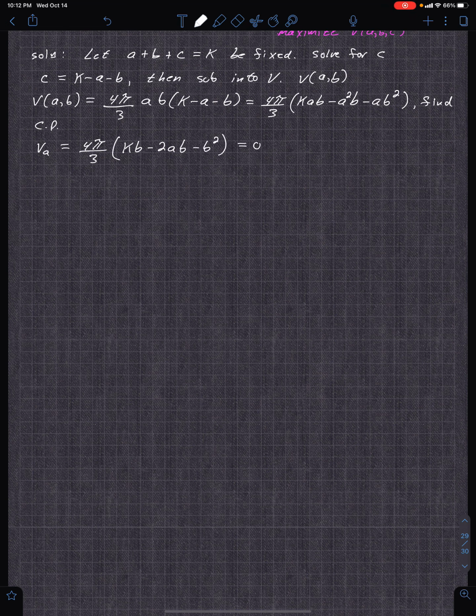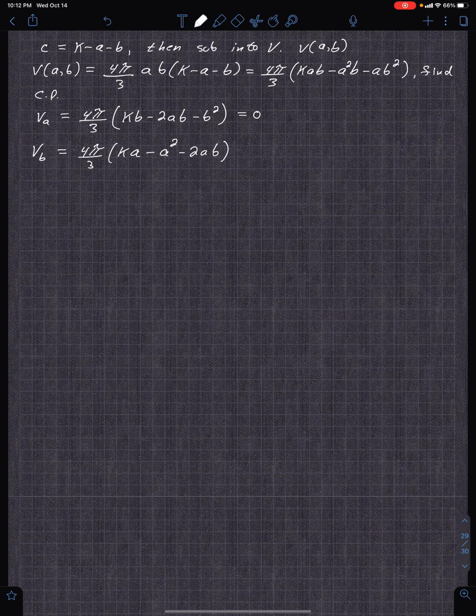We set that equal to 0. Then the partial of V with respect to B is 4 pi thirds times ka minus a squared minus 2ab, equal to 0. So we can divide out the 4 pi thirds. That's gone, of course.